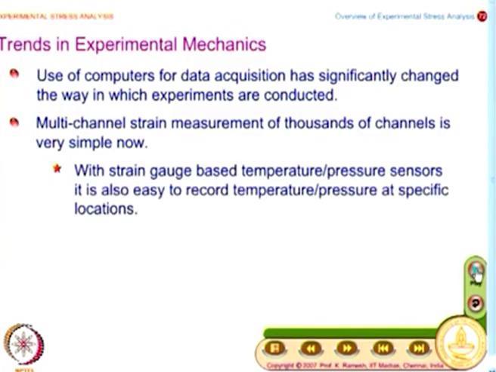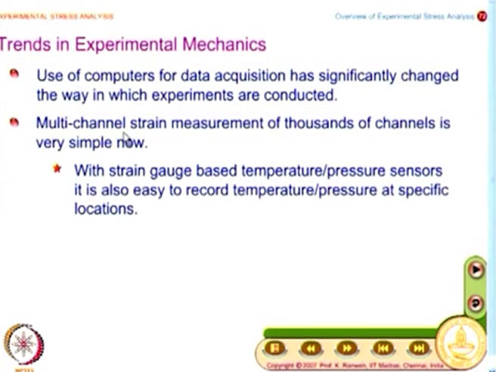So, what you find here is when you have experiments on large scale structures, collecting data by strain gauge was a nightmarish experience. It is no longer so. With computer data acquisition, multi-channel strain measurement of thousands of channels is very simple now.